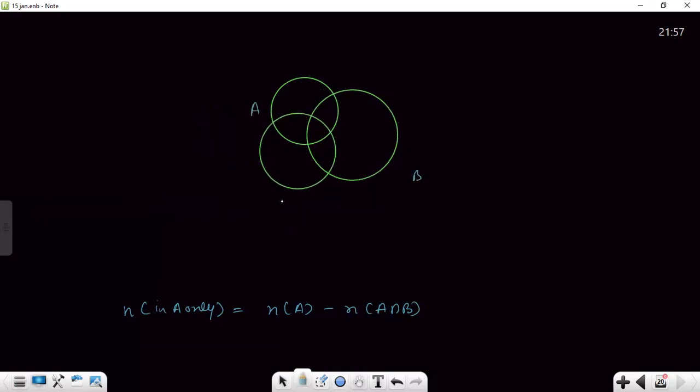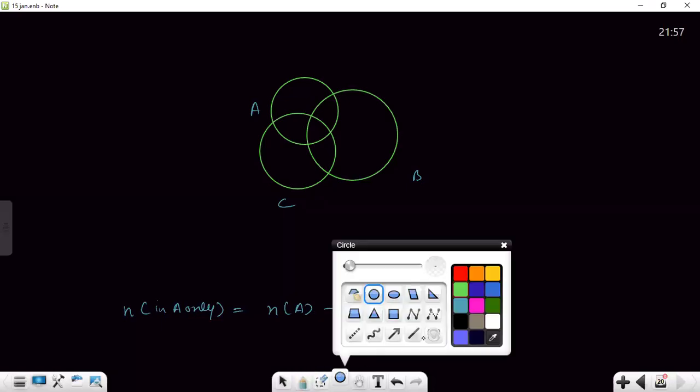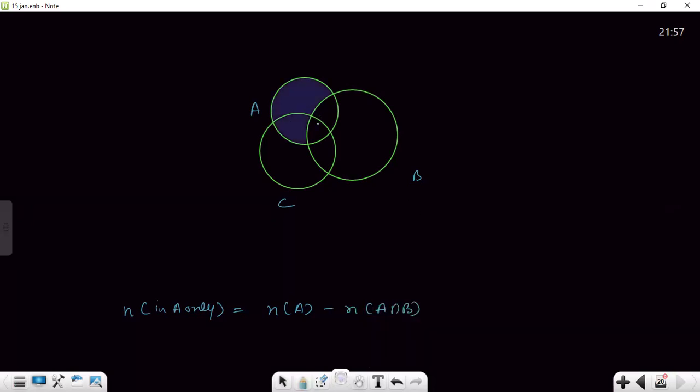A, B, and C. If we were discussing all the number of elements in A, so these are the whole number of elements that are there in A. If I subtract A intersection B elements, I have subtracted this. These elements are subtracted now.